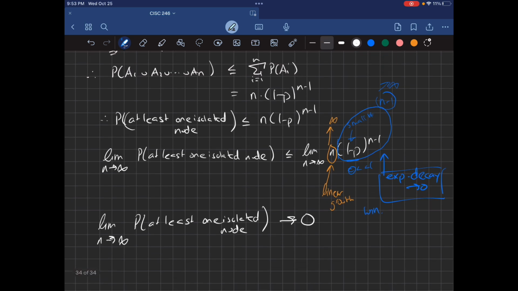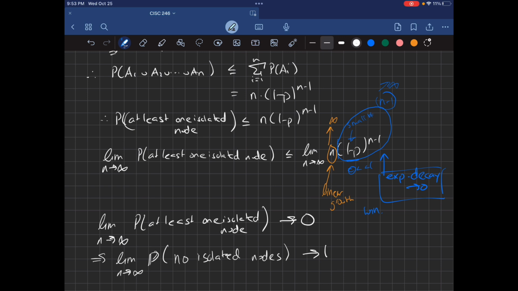What does that imply? That implies that as we let this random graph create a whole lot of nodes, the probability of no isolated nodes goes to 1, which is intuitive and counterintuitive at the same time.